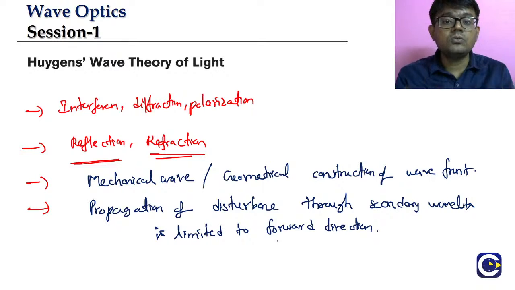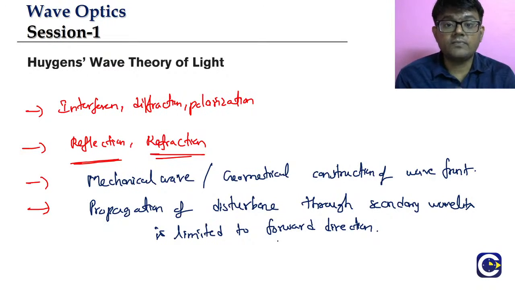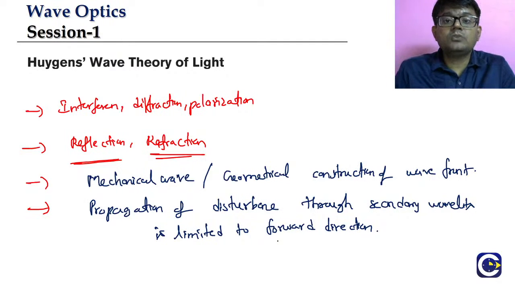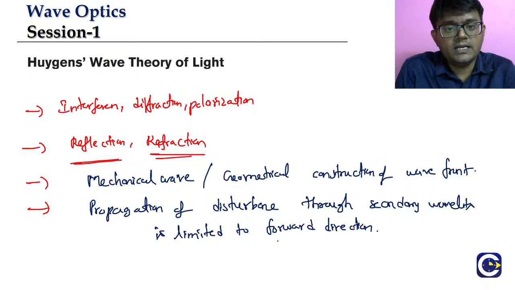So he was still able to propose a theory to explain how light can exist as a wave, and using that concept he was able to explain all these wave phenomena associated with light.